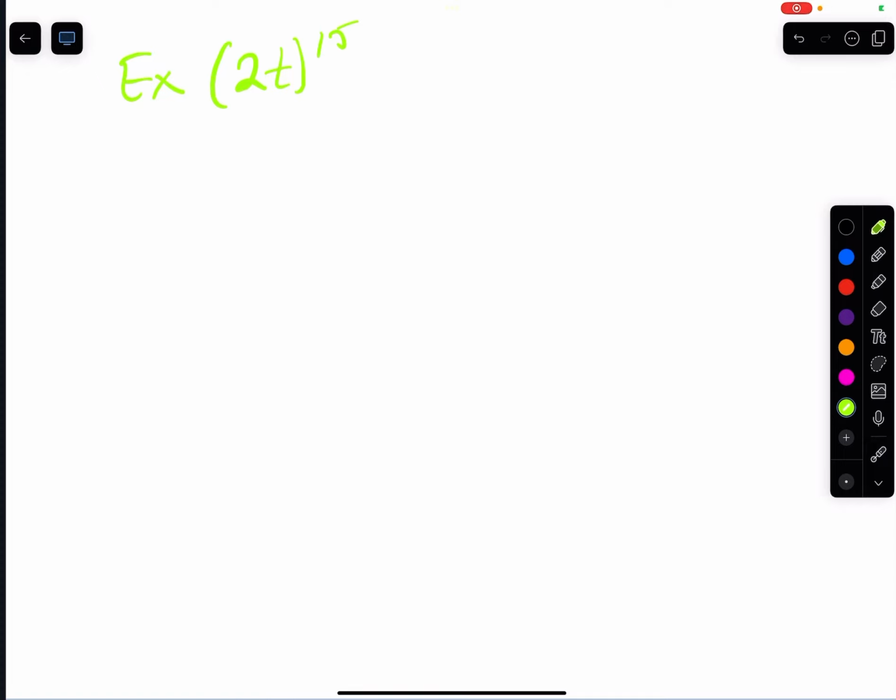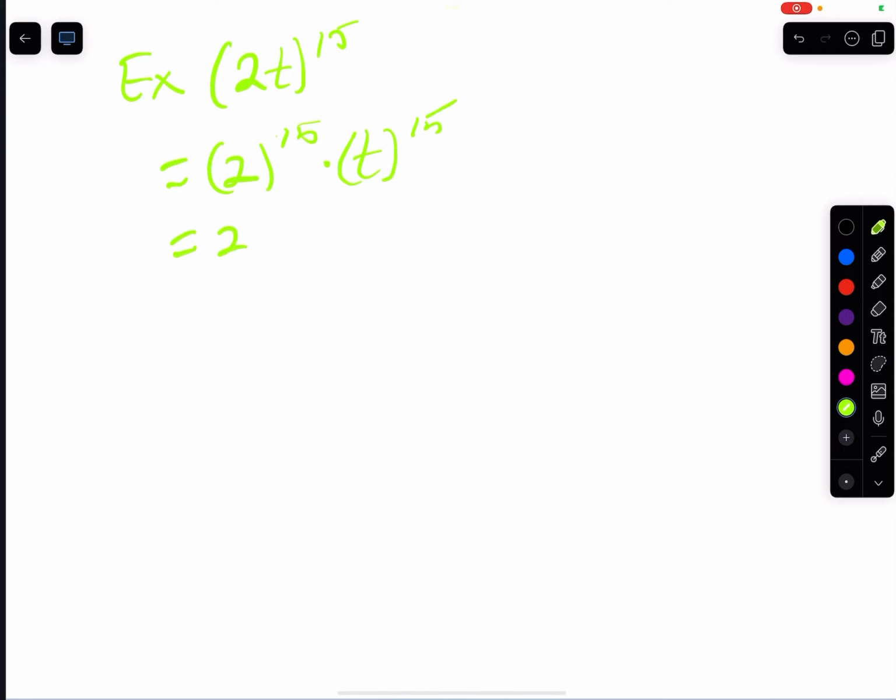Well, we know that's equal to 2 to the 15 power times t to the 15 power. Can we simplify anything further?